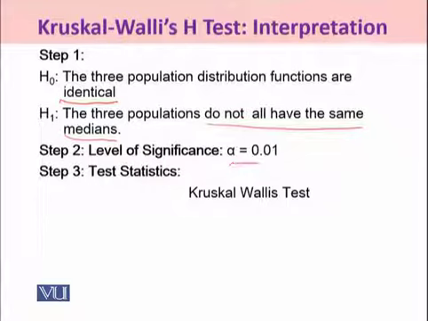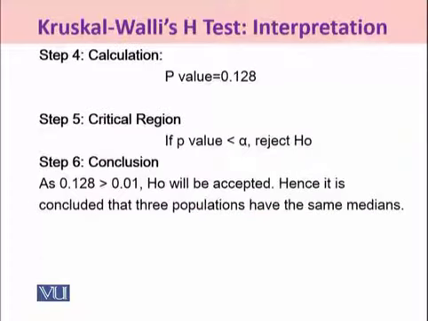The alpha, that is the level of significance, was given to us as 1%. The test statistic is the Kruskal Wallis H test, because all the 3 groups were independent of each other. So in order to make a comparison between the 3 groups, we have followed the Kruskal Wallis test. The p-value that we have obtained was 0.128.